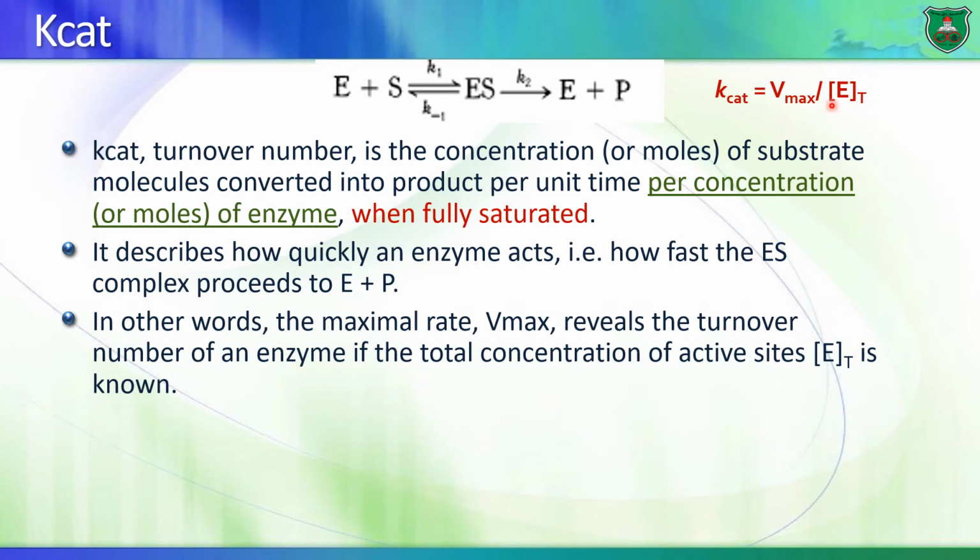That is when the enzyme is fully saturated. Okay, so it describes how quickly an enzyme acts. It's really K2. It's how efficient the enzyme is in converting ES to E plus product. So we have to know the concentration of enzyme in order to know what Kcat is.